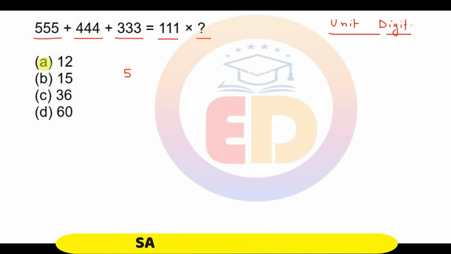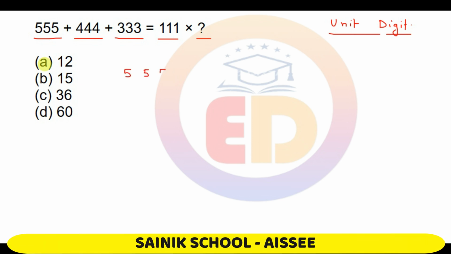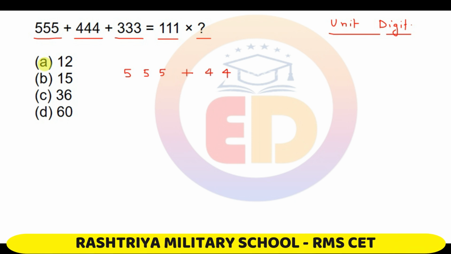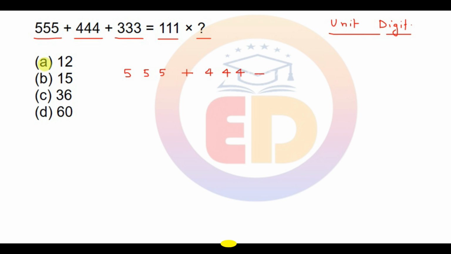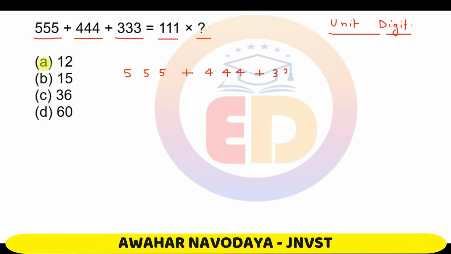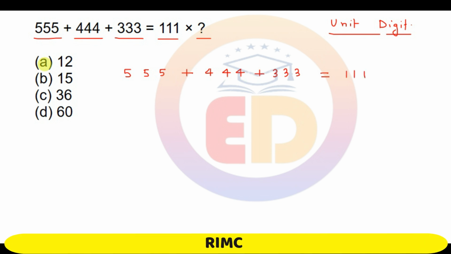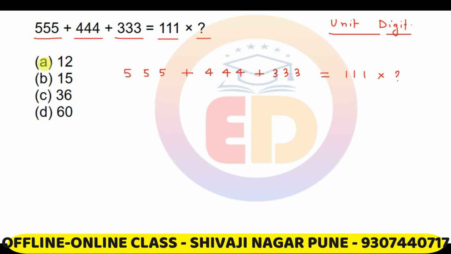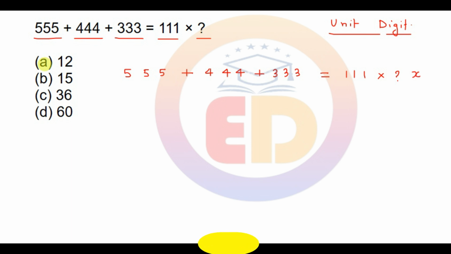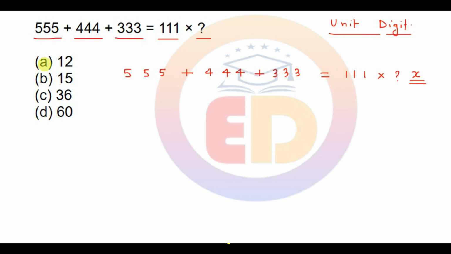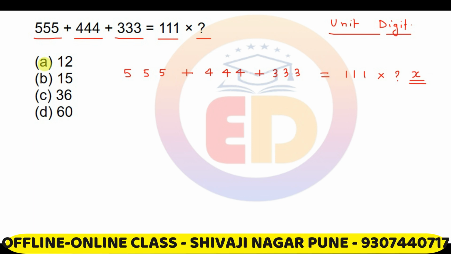Our question is 555 plus 444 plus 333 equals 111 multiplied by question mark. Let us assume this question mark is x. Now what we are going to do is, we are not going to solve the whole numbers, but we will only take the unit digit.